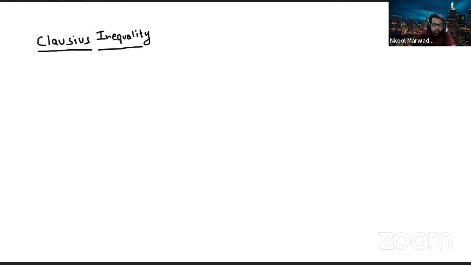This inequality states that the change in entropy is greater than or equal to dq by T, because the formula of change in entropy is dq by T. So delta S can be either equal to or greater. Now what it is, let us try to see.